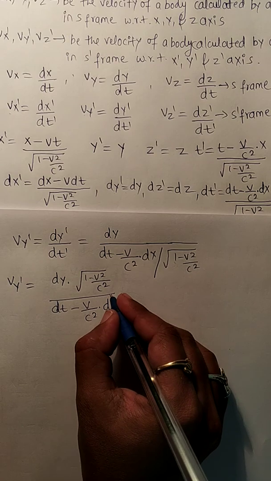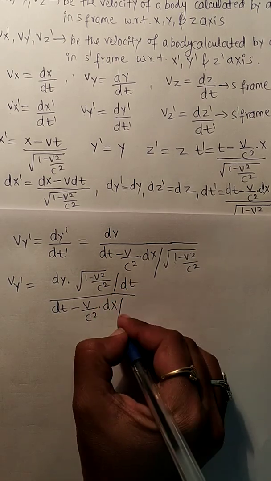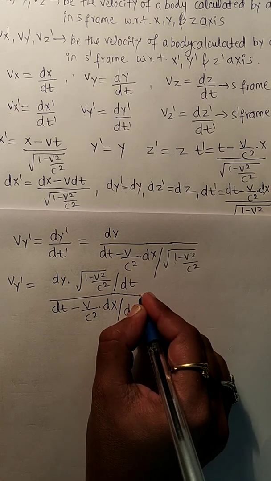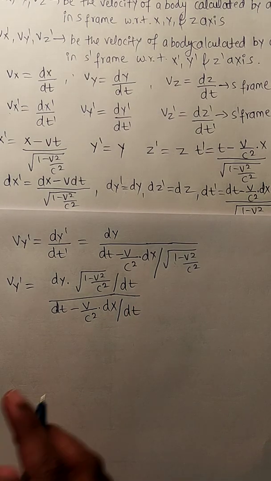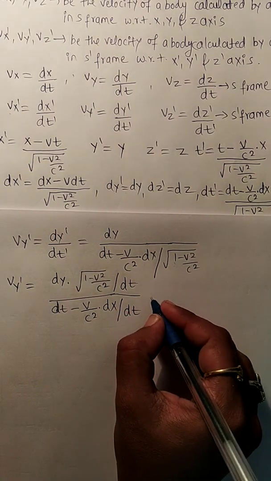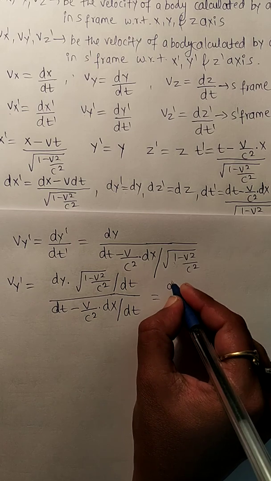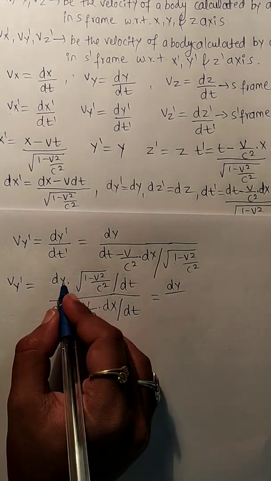Now for this one also, I will divide by dt for the numerator as well as the denominator. It is a rearrangement I made by dividing by dt. The square root term is multiplied, so for it you should divide only one term.